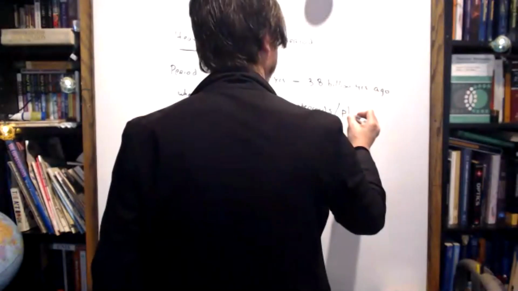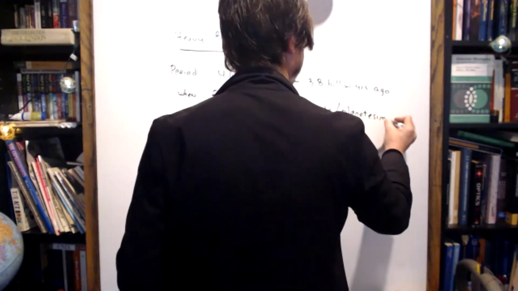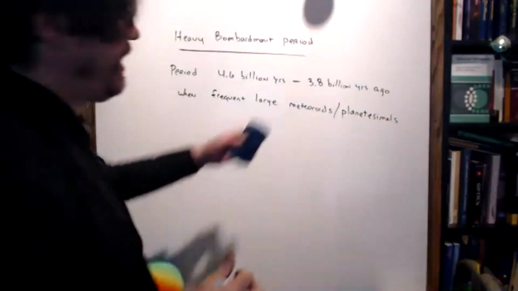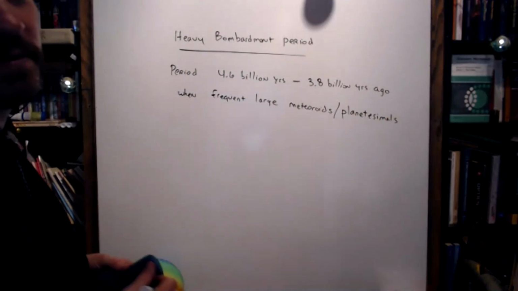People often call them planetesimals. An early asteroid would be a planetesimal because these were things that formed the planets.